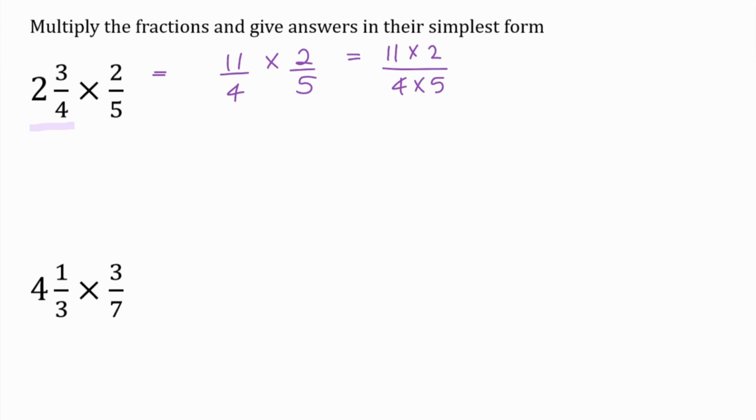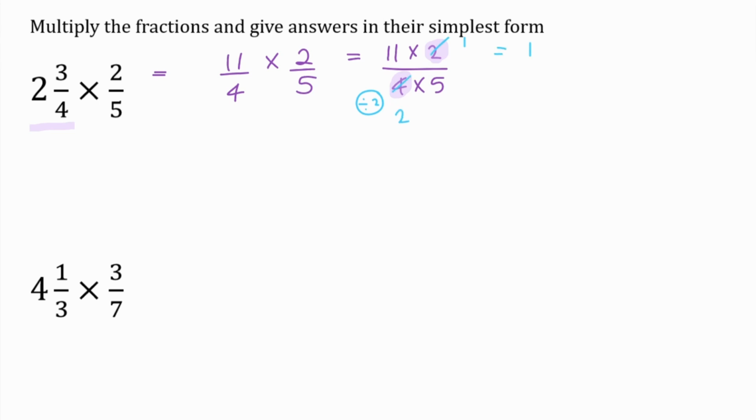And again, before I multiply it, I'm going to check if I have a number in the numerator and denominator that have common factors. So I do have 2 and 4, and I'm going to divide these by 2, which is my highest common factor. So 2 divided by 2 is 1, and 4 divided by 2 is 2.